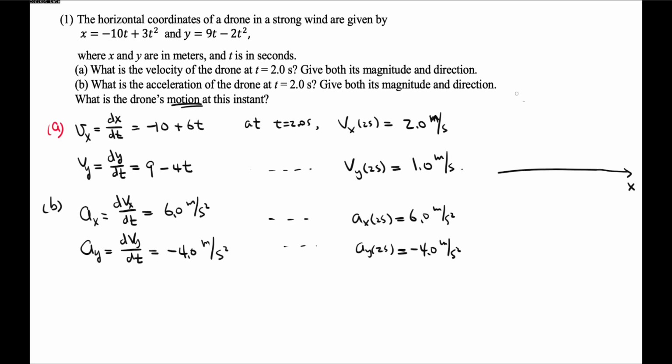Here's the Cartesian coordinate system I can build, with x and y. For Vx and Vy, we have 2 and 1. Let's say here is approximately 2, then 1 is half the value.